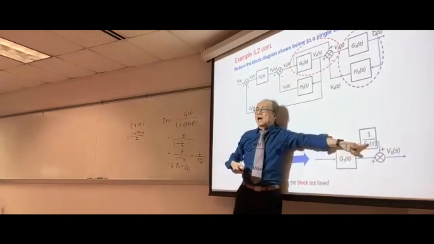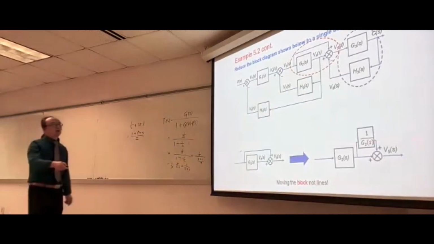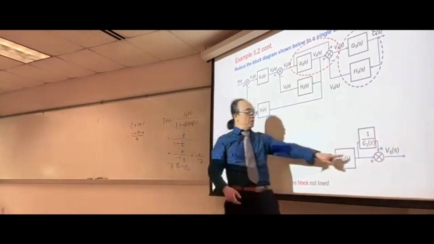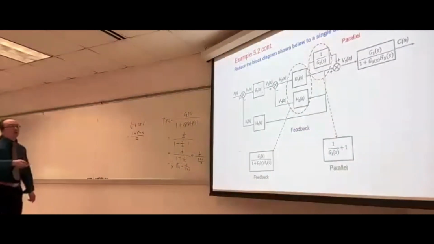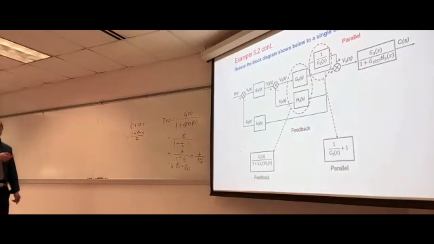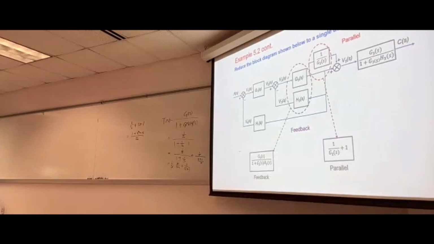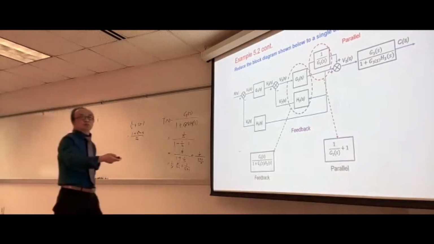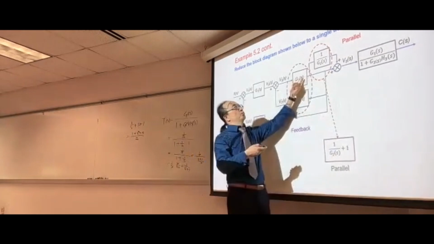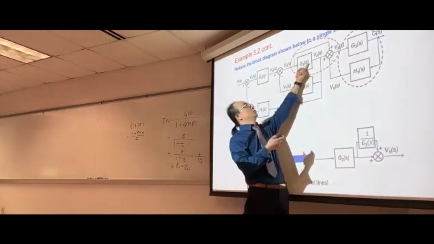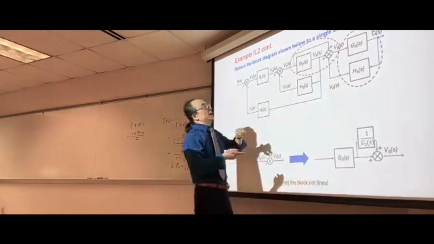That's why we need to divide. Once we get to here, now 1 over G2 plus 1. That way we can combine the 1 over G2 plus 1. This is something I want you to do in the handout as well. Dotted line, circle it, and put the new expression and say they are parallel. And before we do that, make sure you say move this box to the left side.